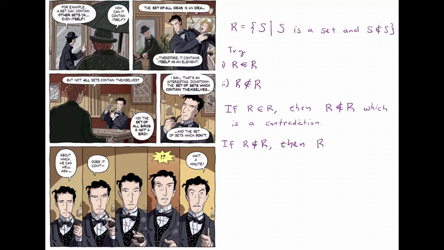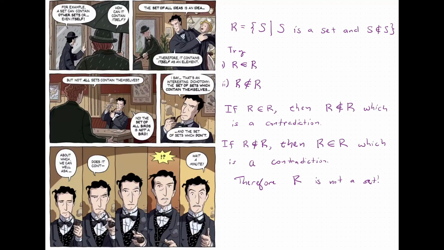And so now we have that R is an element of itself, which is again a contradiction. So therefore, R is not a set. And now we have our first example of something that is not a set, even though we have a collection of objects, elements, namely those sets that do not contain themselves.